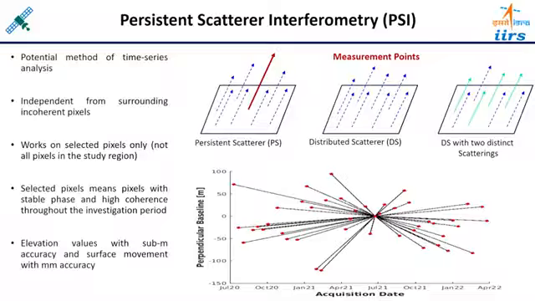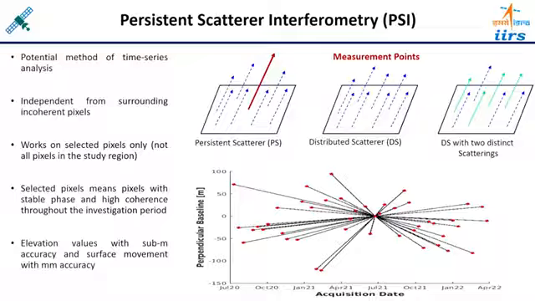If it is changing, it means the signals between the first image and the image after 5 years will be completely decorrelated. It means that pair is not suitable for interferometry. So if you are choosing a study area of this type, a natural environment, then you will not get any PS point.